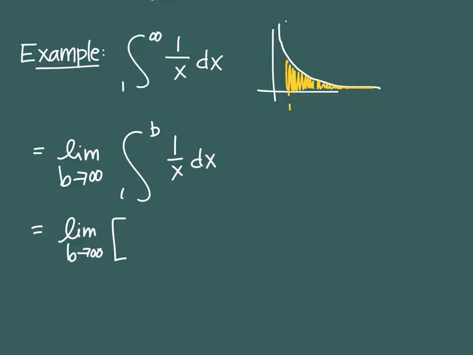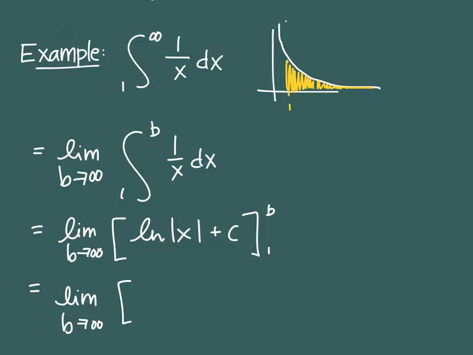We know that the antiderivative of 1 over x is what? ln what kind of x? Absolute values. Okay, natural log of the absolute value of x is the antiderivative plus c, on bounds that go from 1 to b. And so the limit as b approaches infinity would be applied to the natural log of the absolute value of b minus the natural log of the absolute value of 1.